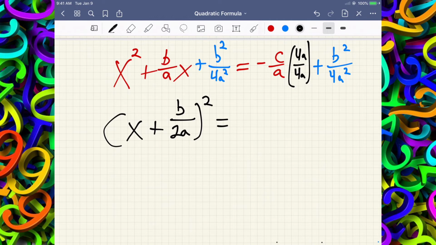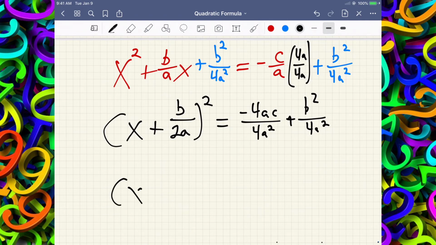We end up with negative c times 4a would be 4ac. And our denominator will now be a common denominator over 4a squared. Plus, and we get our b squared over 4a squared again. Okay. And because they have the same denominator, let's simplify one more time.